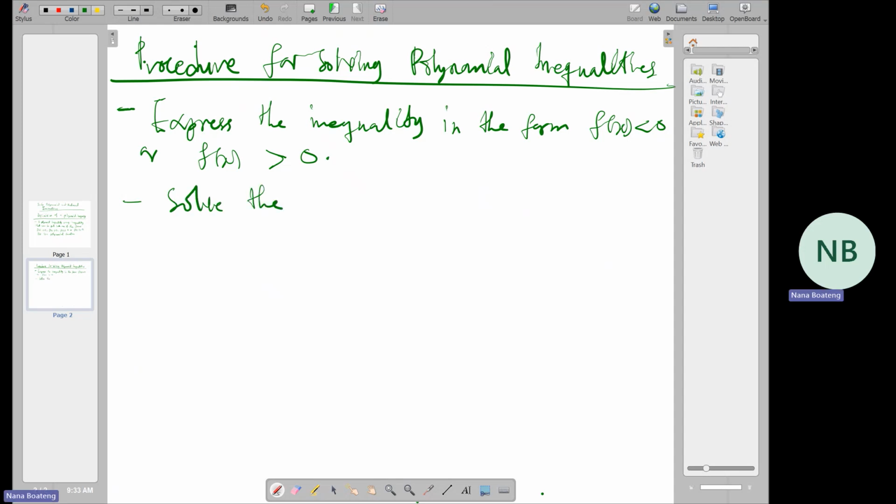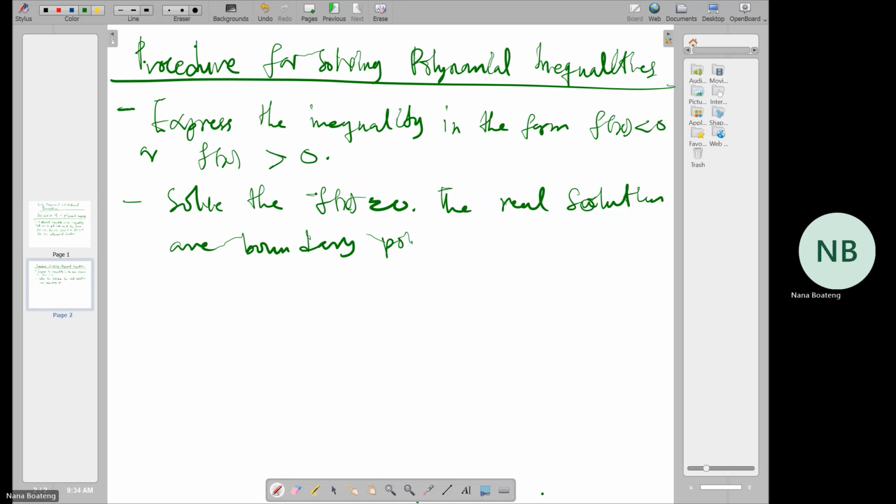We set the equation equal to 0, ignoring the inequality sign, and solve for x. The real solutions of f of x equal to 0 are boundary points.